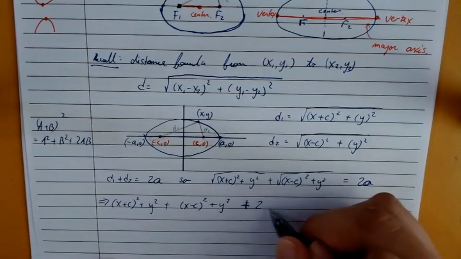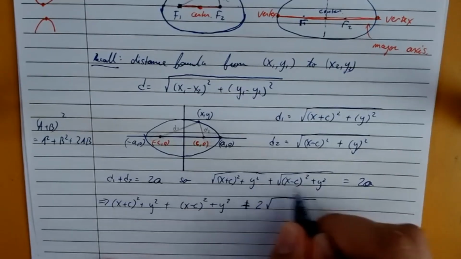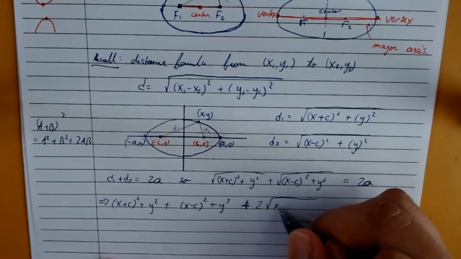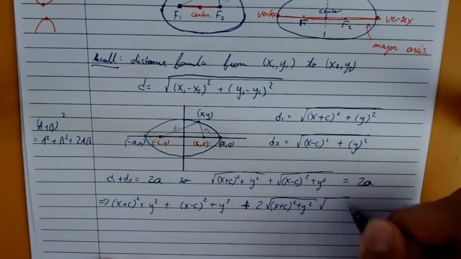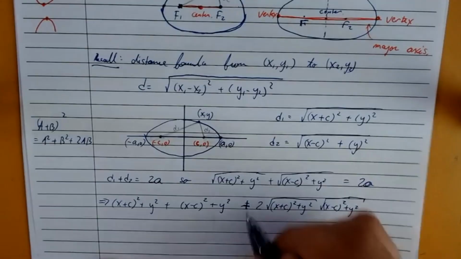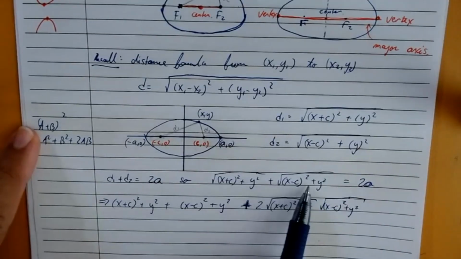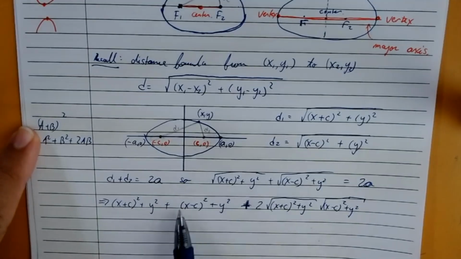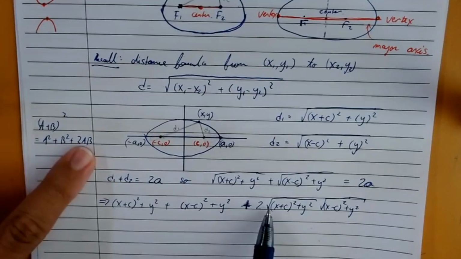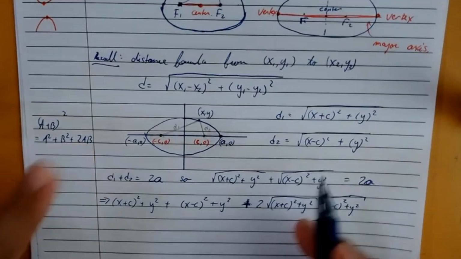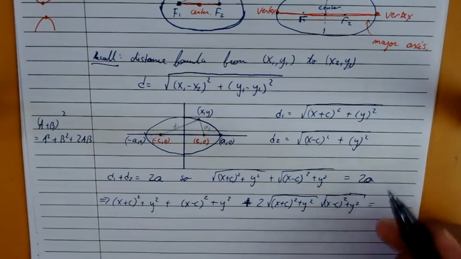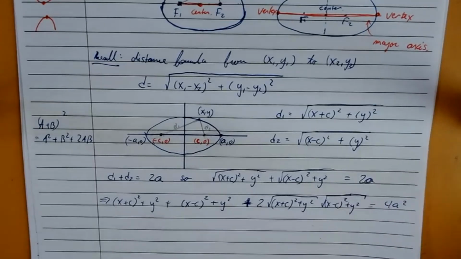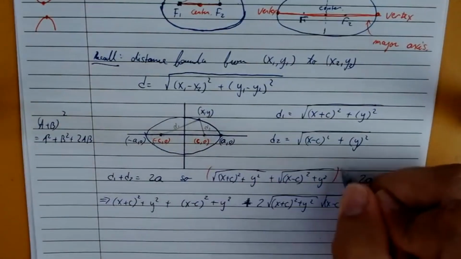So plus double the square root of this times this. So a plus b squared, that's your a squared, there's your b squared, plus 2 times the a times the b. So I've gone ahead and squared this side, and that's going to be the same as squaring this other side. If I square 2a, that's going to give me 4a squared. So I've gone ahead and squared both sides.